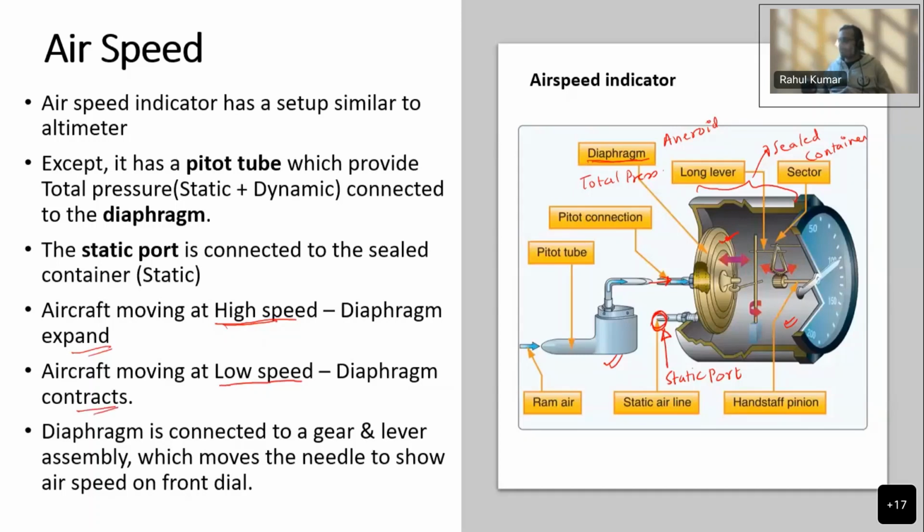The diaphragm is connected to some lever and gear assembly, which will then drive your needle. It will drive the needle on the dial panel, and it will show the airspeed in knots.